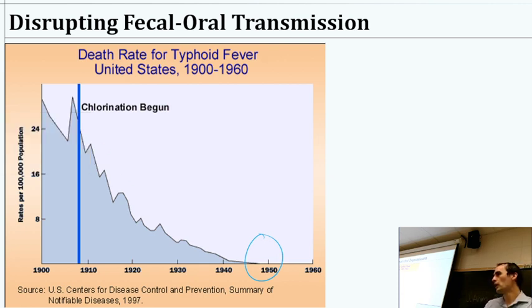So this is both, I would presume, proper wastewater treatment and better drinking water treatment. Chlorination providing a big impact there. And there are places that still have typhoid. So typhoid is a pretty bad disease, can be deadly, and it's preventable. It's the fecal oral route of transmission.